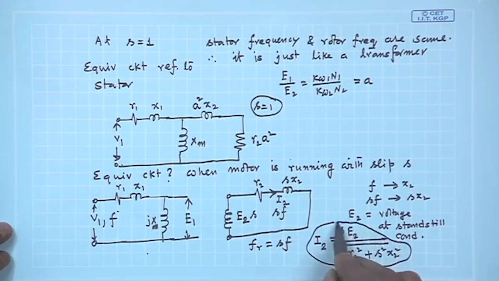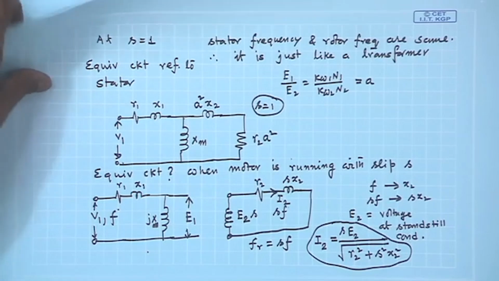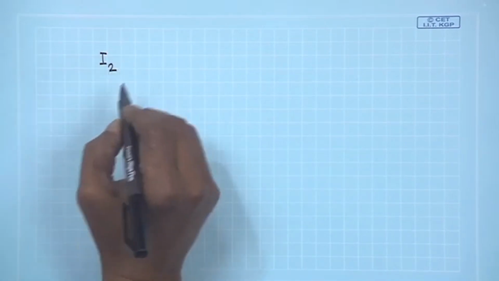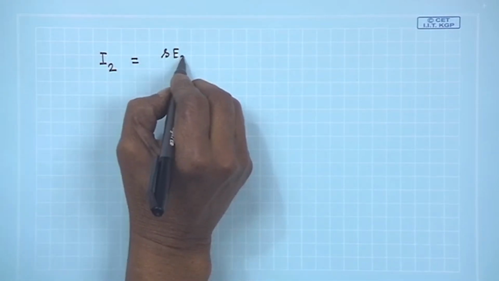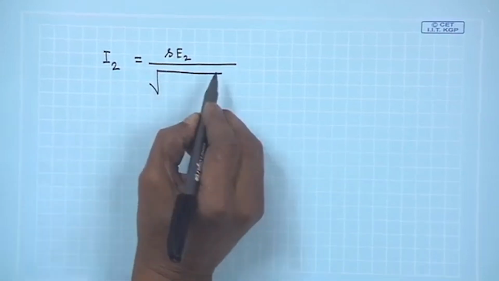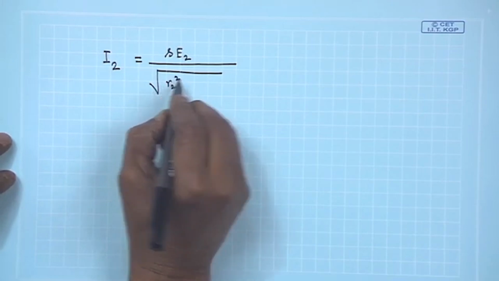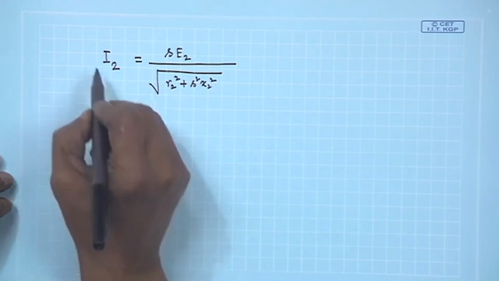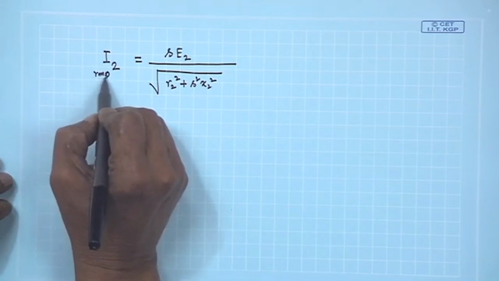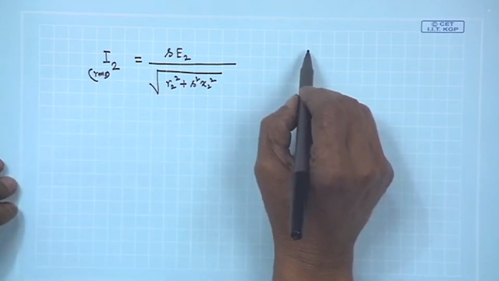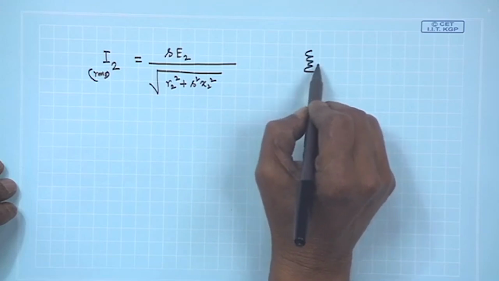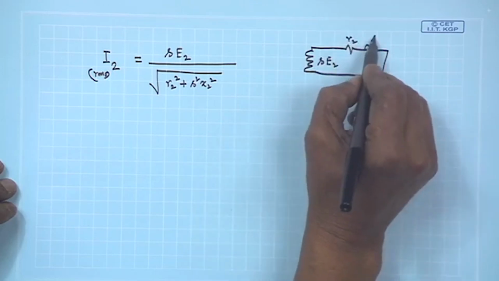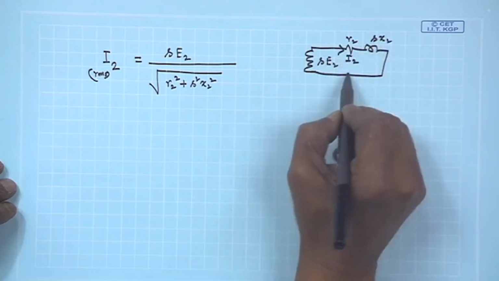So, I 2 is equal to S E 2 divided by square root of R 2 square plus S square X 2 square, and this is the RMS value of the actual rotor current. The rotor circuit was like this, there was a voltage source S E 2, and it is R 2 and this is S into X 2, and this current I am talking about. Frequency here is S f.